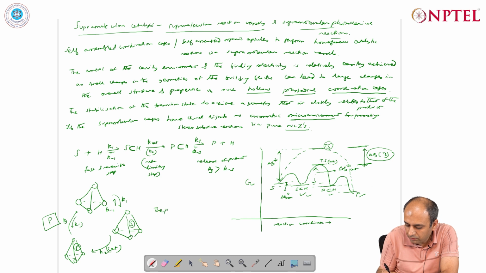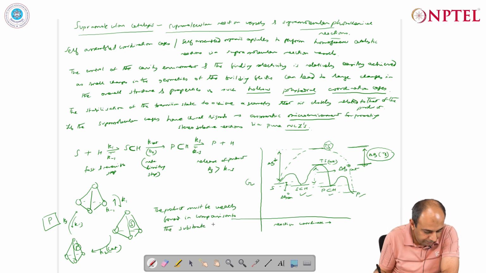The product must be weakly bound in comparison to the substrate, otherwise product inhibition takes place.